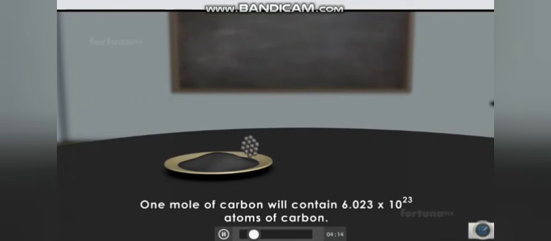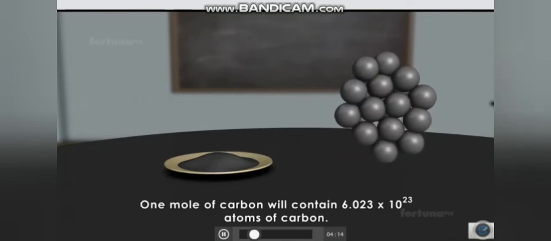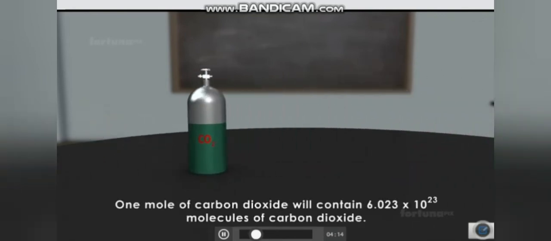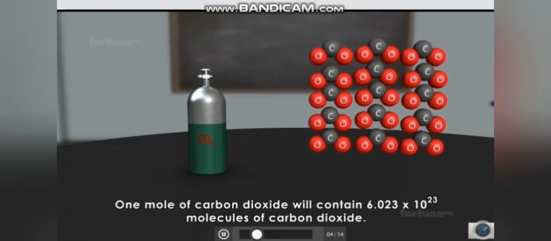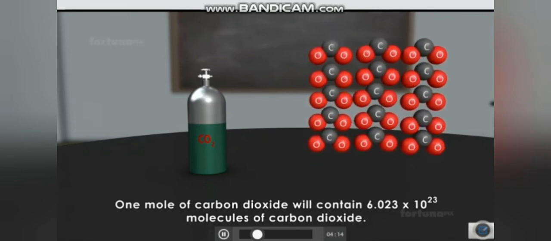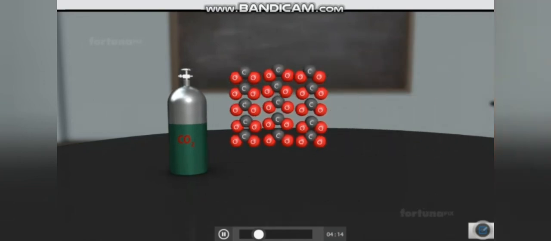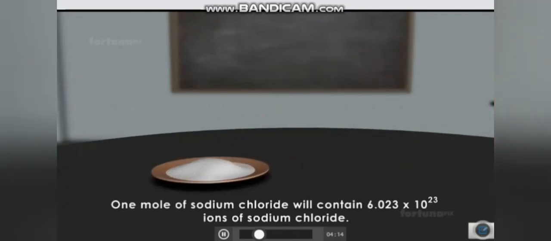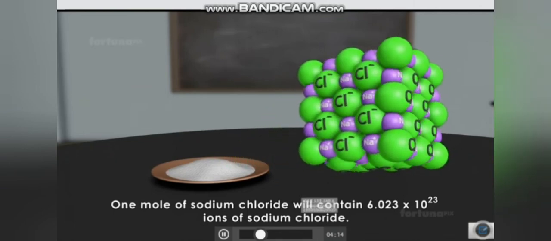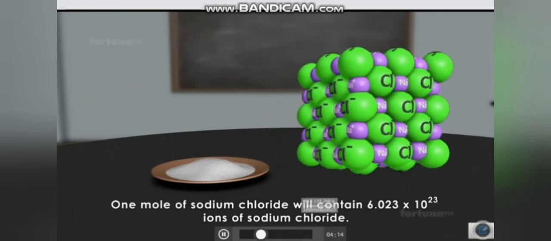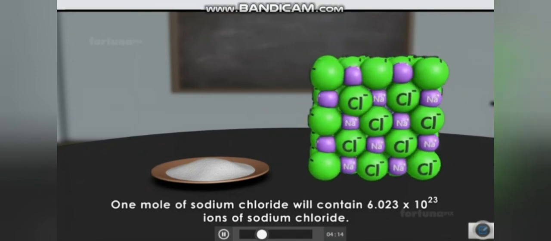For example, 1 mole of carbon will contain 6.023 multiplied by 10 to the power 23 atoms of carbon. 1 mole of carbon dioxide will contain 6.023 multiplied by 10 to the power 23 molecules of carbon dioxide. And 1 mole of sodium chloride will contain 6.023 multiplied by 10 to the power 23 ions of sodium chloride.